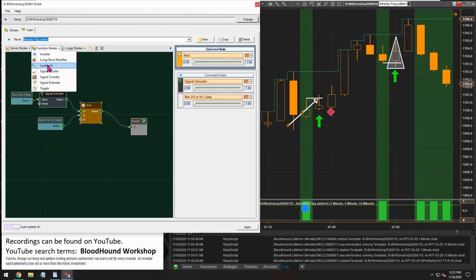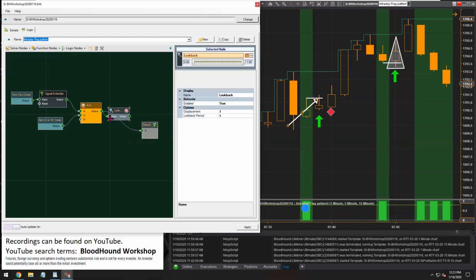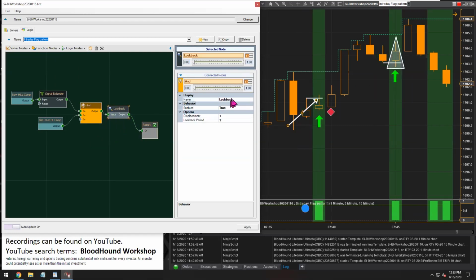Let's see. I'm just going to take a look back, like so. Connect that in, and so I'm just going to displace the output by 1, right? So I'm using this displacement of 1 bar.